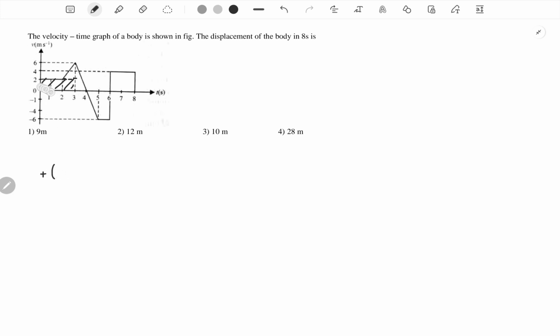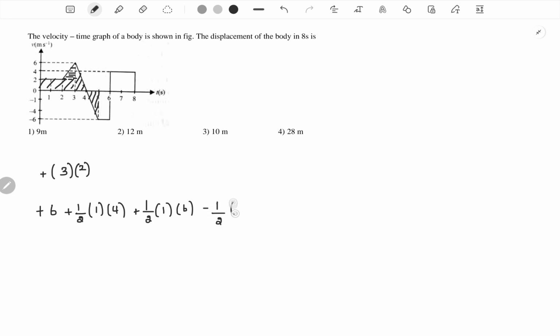The rectangle's base is 3 and its height is 2, so 3 into 2, which is 6. Then I will consider this top small rectangle, which is half into its base of 1 unit, and the height from 2 to 6, so basically 4 units. Now let's consider this small triangle. In that triangle, the base is 1 unit and it has a height of 6 units. Then look at this portion.